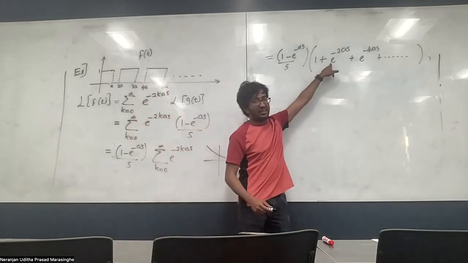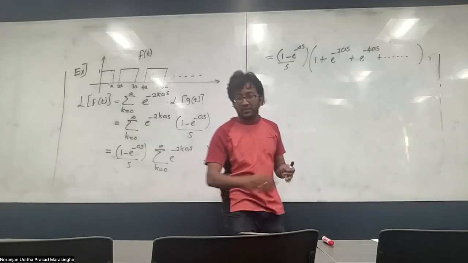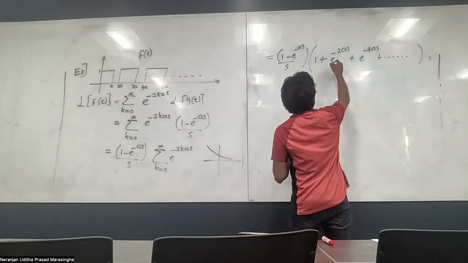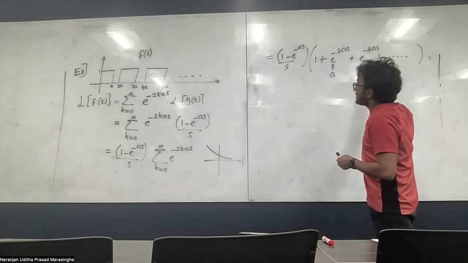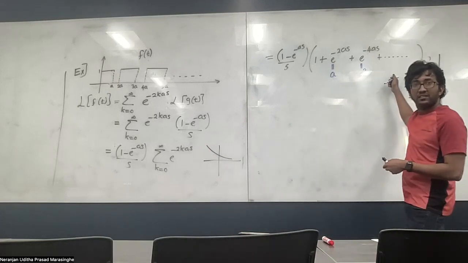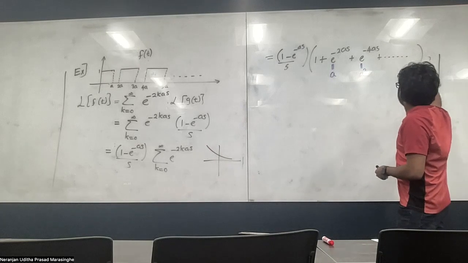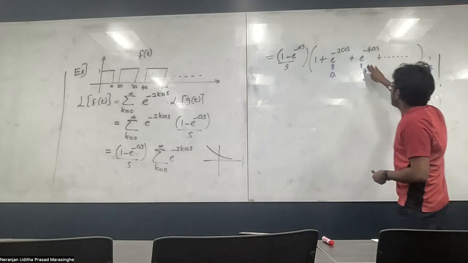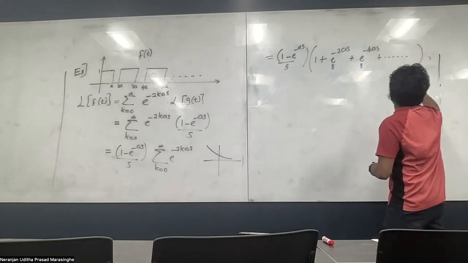Consider this number is a. Then what is this? A square. Then the next term is a to the power 3. Right? Let's use some other number because a is already in our problem, right?